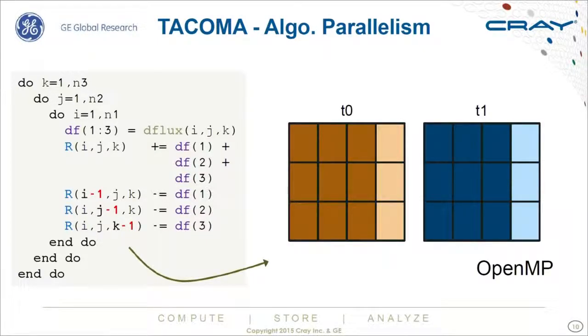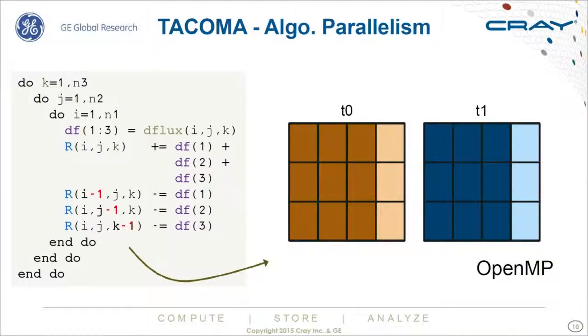So with OpenMP, we went with a coloring scheme. The idea is that each thread gets a color. Certain portions of this result array R are also assigned a color. Before you write to or modify the R array, you first check to see if it matches your color. Because of this offset, you may have to change your loop bounds just a little bit.